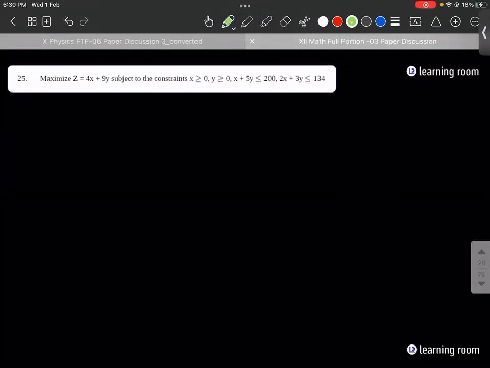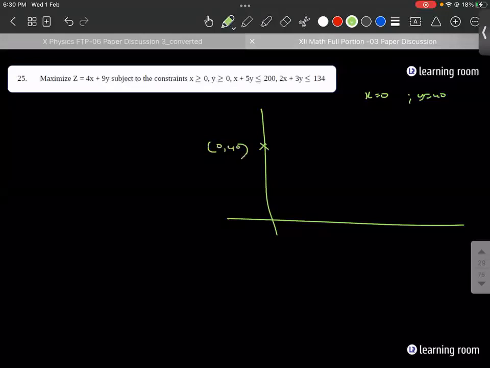Maximize z is equal to 4x plus 9y subject to the constraints x is greater than or equal to 0, y is greater than or equal to 0, x plus 5y is less than or equal to 200, 2x plus 3y is less than or equal to 134. So x is equal to 0, y is equal to 40. So 0, 40. y is equal to 0, x is 200.